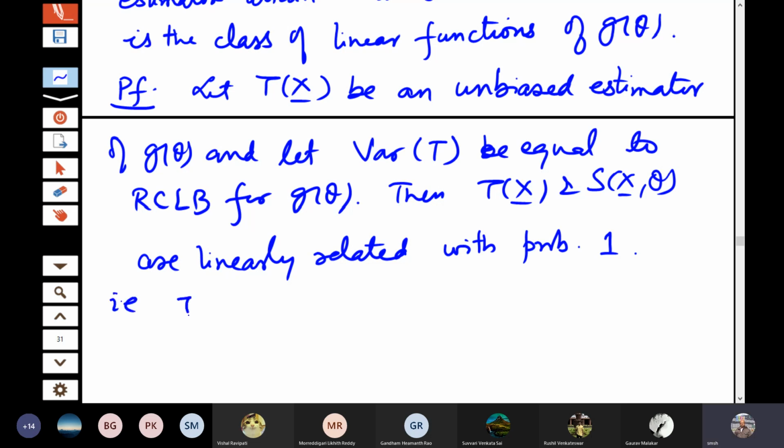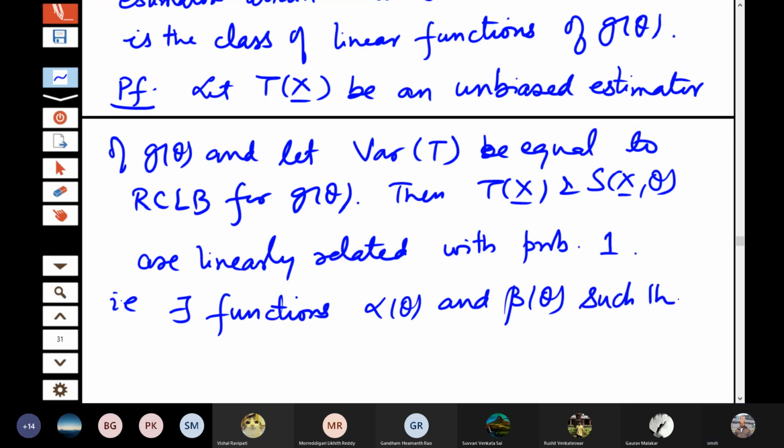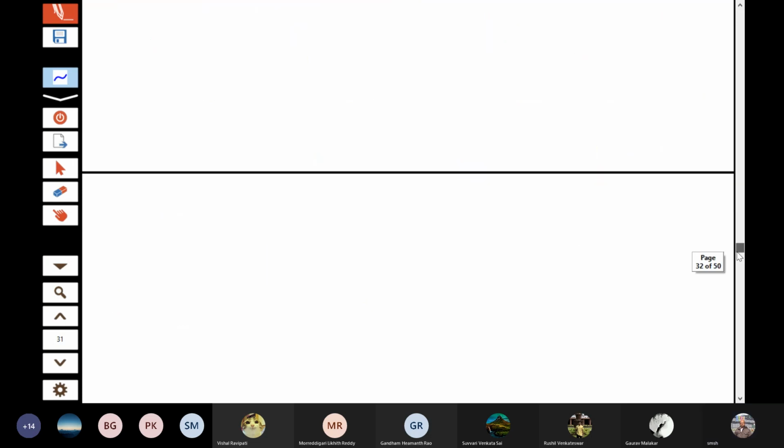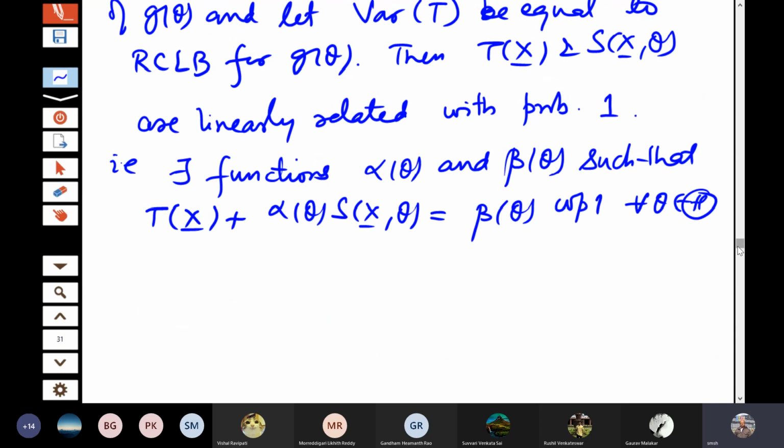That is, there exist functions alpha theta and beta theta such that T_X plus alpha theta S_X theta is equal to beta theta with probability 1 for all theta. Now we take expectation on both the sides.